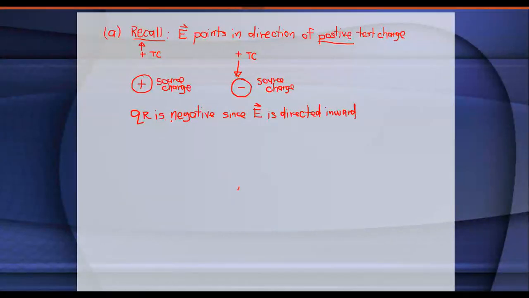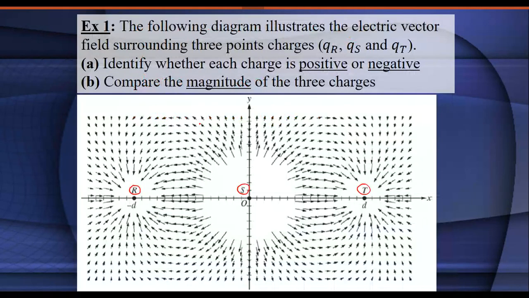Okay, so QR is negative, because if QR is negative, it means that any positive test charge would be attracted.